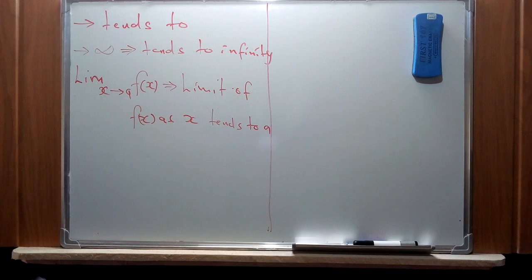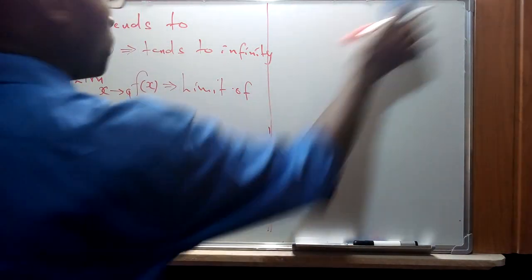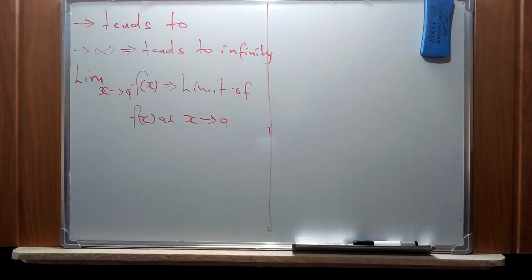So in this case, of course, we can just use this arrow that we have already mentioned in our first expression. So it's the limit of f(x) as x tends to a. So that is the first use of that symbol.